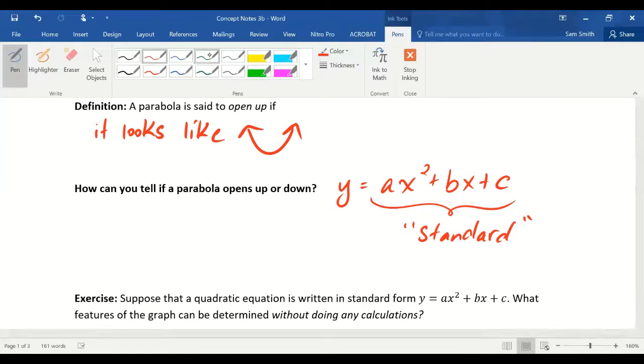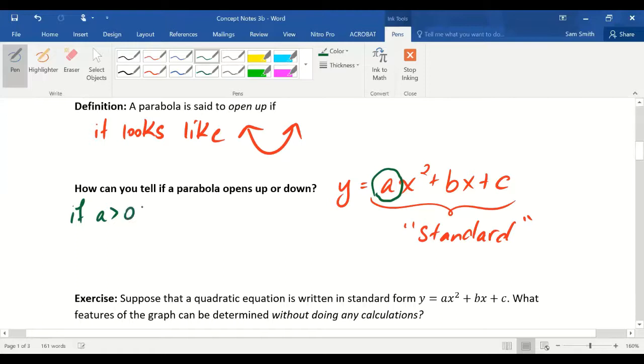And it's all dependent on this leading coefficient, this number a. If a is positive, if your quadratic has a positive outlook on life, the parabola will have a smiley face shape and the parabola will open up.